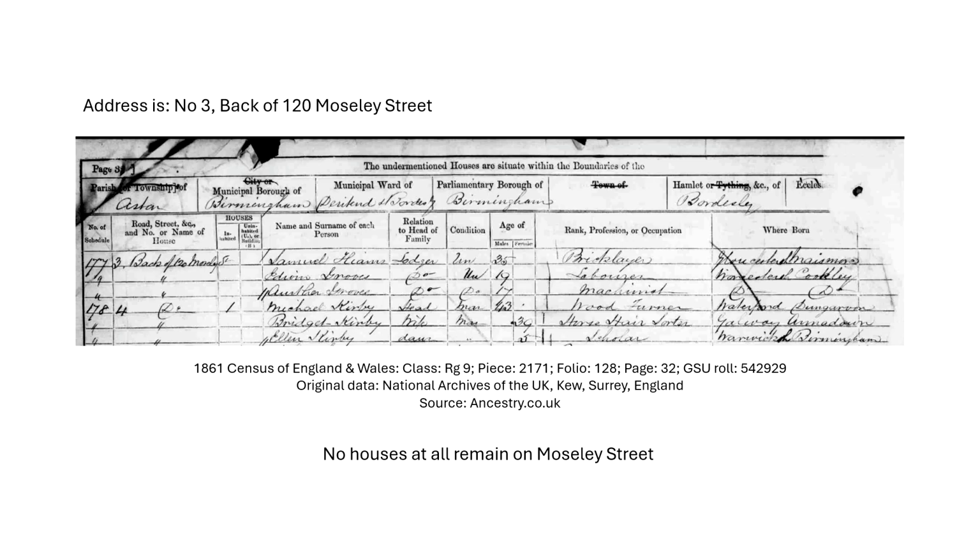So here is the census, or at least an extract from the census, and it's the first property listed here that I'm interested in, which has the address number 3, back of 120 Moseley Street. This is the tail end of the entry for that property.